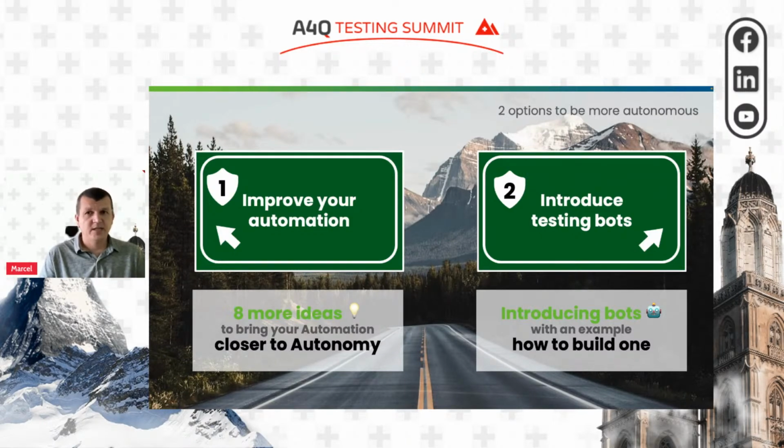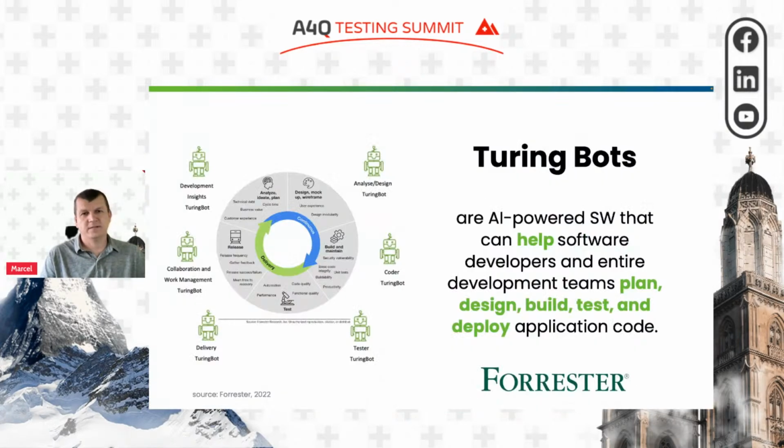Another company mentioning something which is very related to autonomous testing is Forrester. They published a pretty interesting article, or I think it was a blog post, about Turing bots. And they explain how nowadays we are using these Turing bots for our daily tasks. If you are using tools like GitHub, you might already have spotted such bots, which are able to reply to your reported issues.